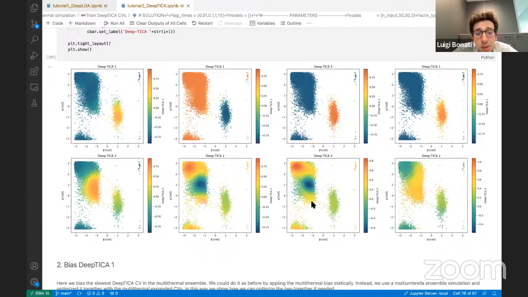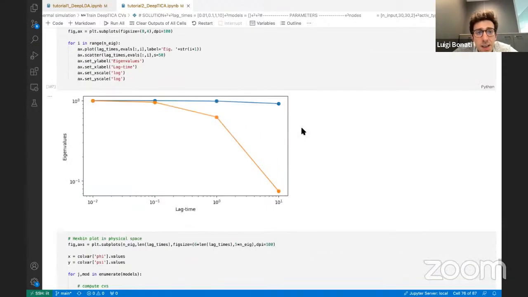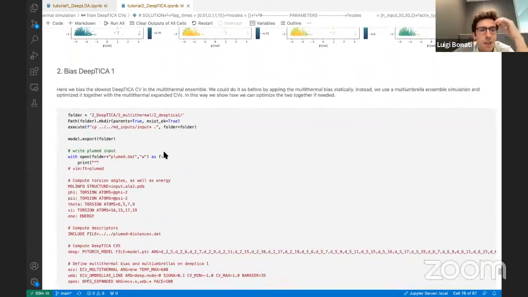These results are similar also to the other case, but here they are much more robust. And so this is really the criterion to choose the lag time, as simple as this.